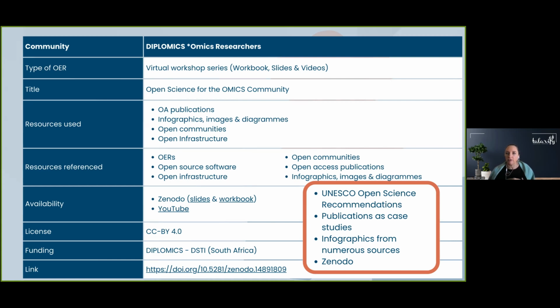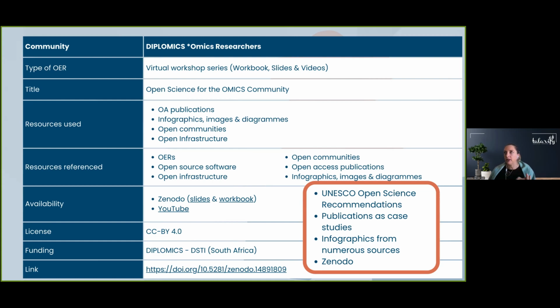So we included information that is generally not available in open science content online at the moment. There's very little content that has information about African specific policies, resources, communities, and so on. So that was the first workshop.